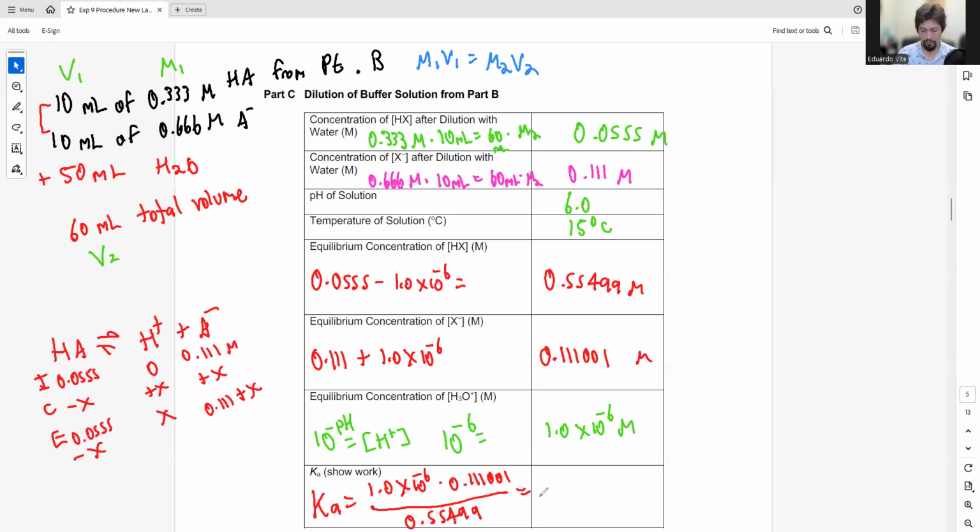So let's go ahead and plug it in. That is 1.0 times 10 to the minus 6 times 0.111001 divided by 0.055499 gives me 2.0 times 10 to the minus 6.